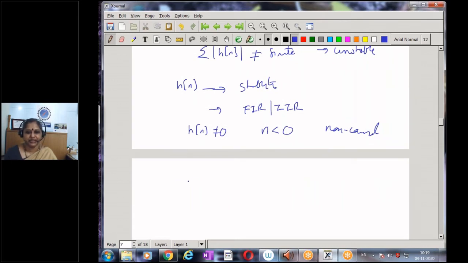Before we proceed to the next method, in general, if my difference equation is y of n equal to sigma i equal to 0 to m of ai x of n minus i, with m being finite, then my output at any instant is a function of the present and past input.